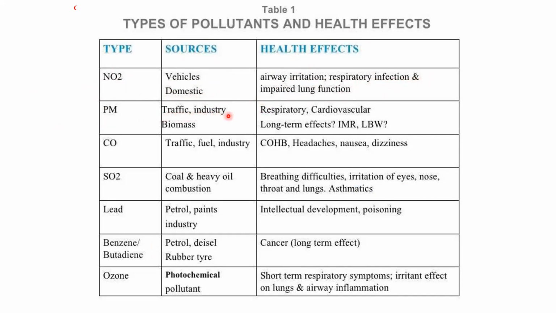Particulate matter: traffic, industry, biomass, and thermal power plants; respiratory and cardiovascular long-term effects, IMR, infant mortality rate, meaning the death of a child within 1 year after birth, and low birth weight, that is, less than 5 pounds, are occurring due to this particulate matter.